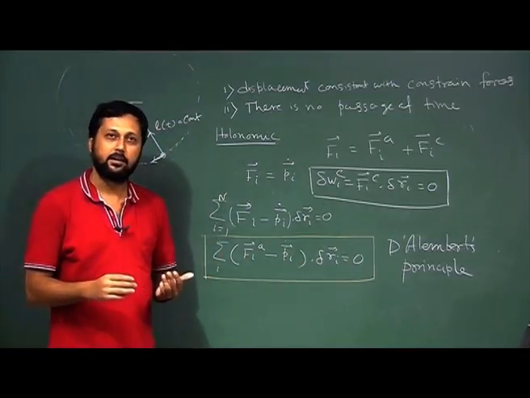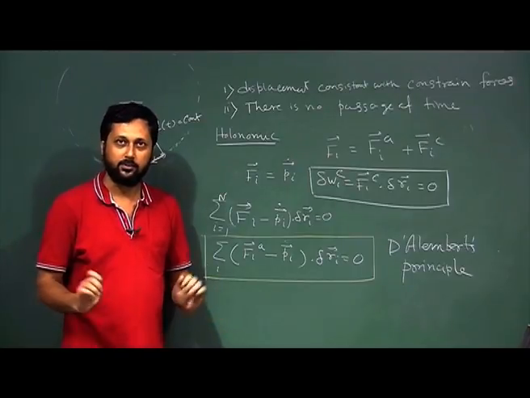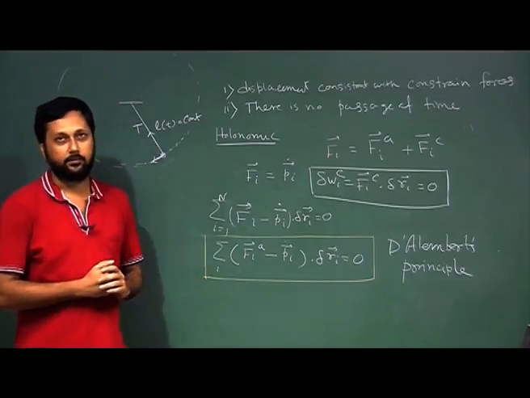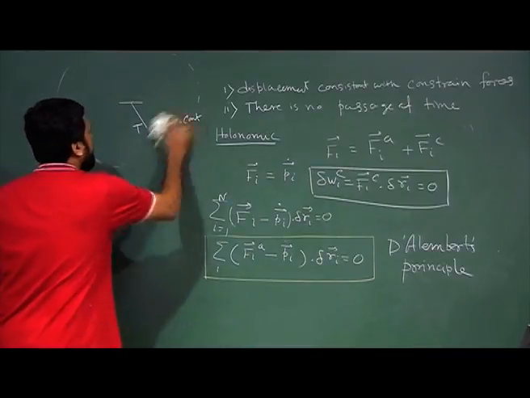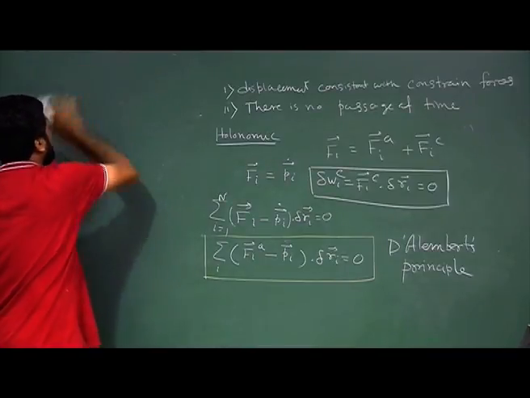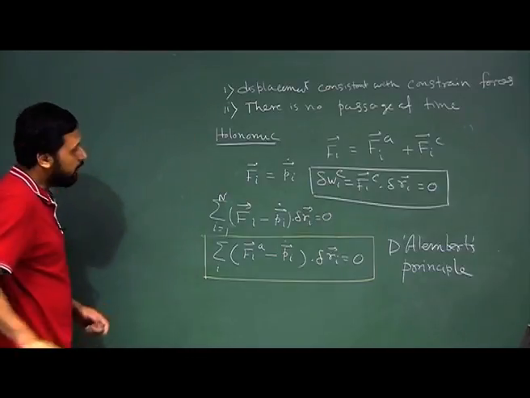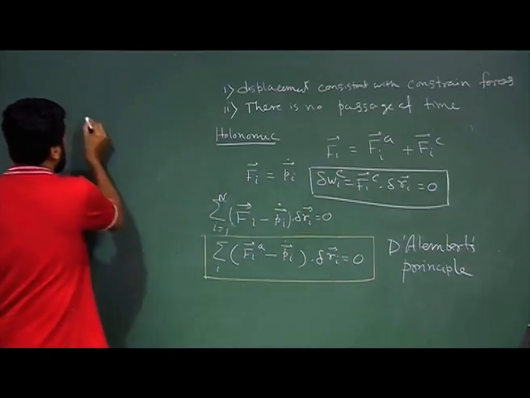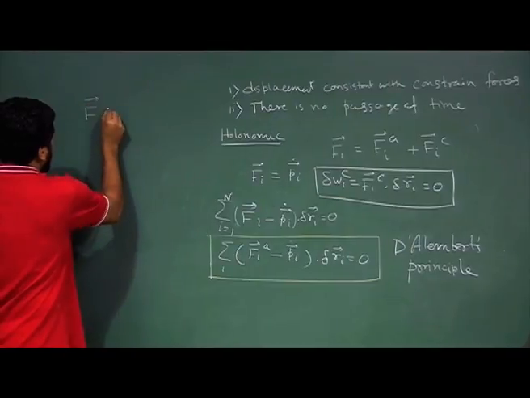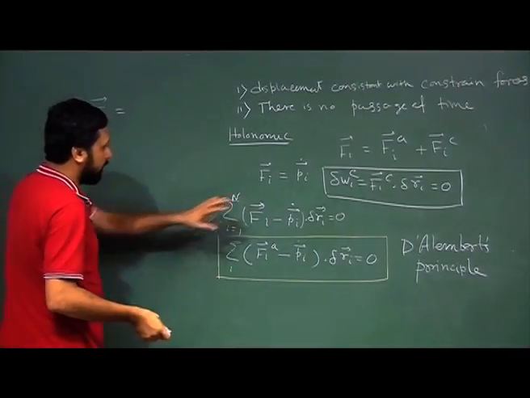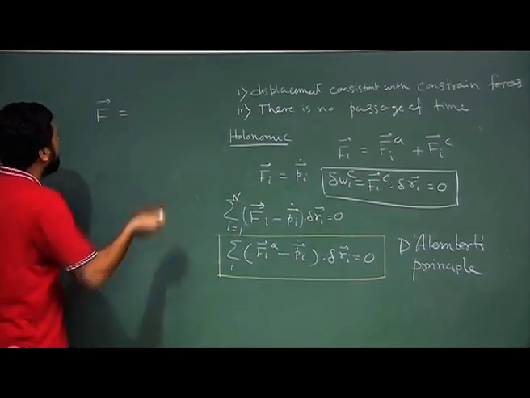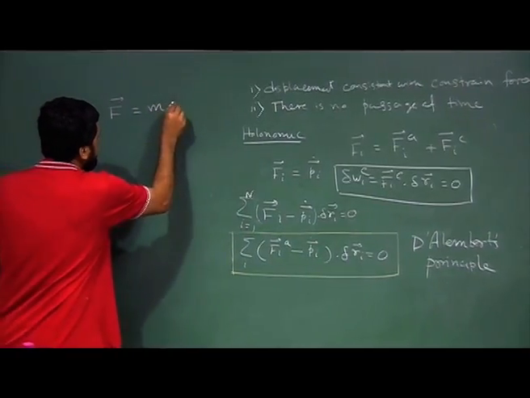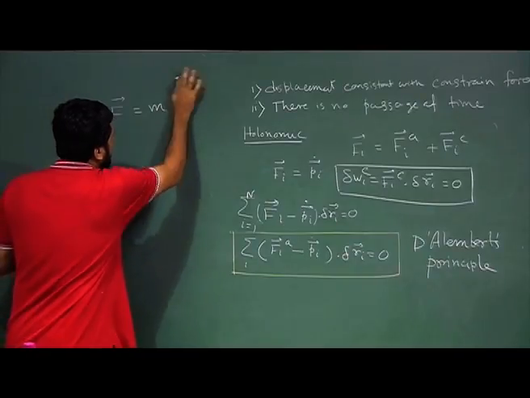Now, this D'Alembert's principle gives you one advantage. That advantage is, it has removed all the forces of constraint from the system. It also gives you one disadvantage. What is the disadvantage? Recall that for Newtonian equations, let us say you have a particular form of equation which is F equal to m r double dot, written for a rigid body.